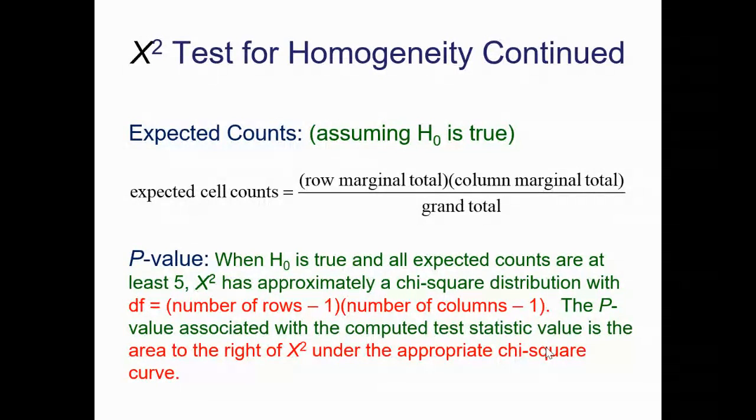The p-value associated with the computed test statistic is the area to the right. So that's just like what we did on Friday. We're going to still use our chi-squared table on these tests. So the p-value is the area to the right of your test statistic.